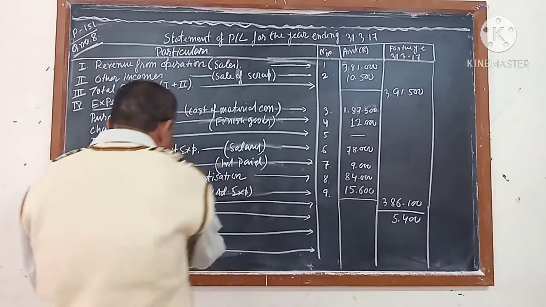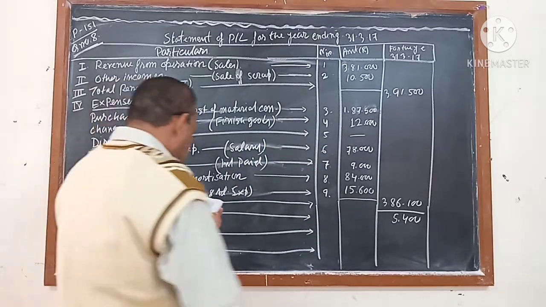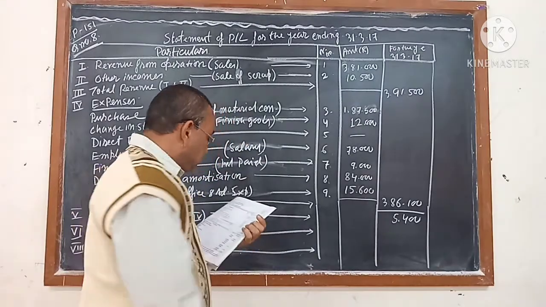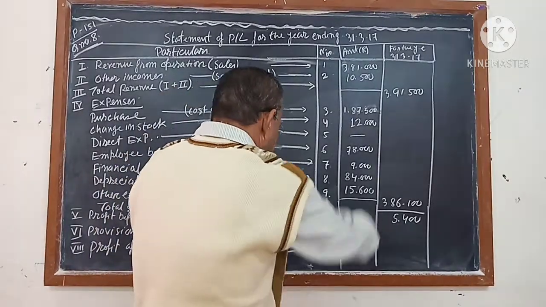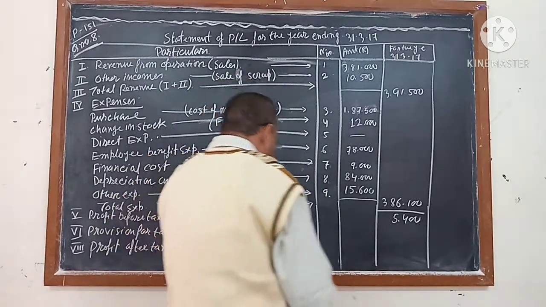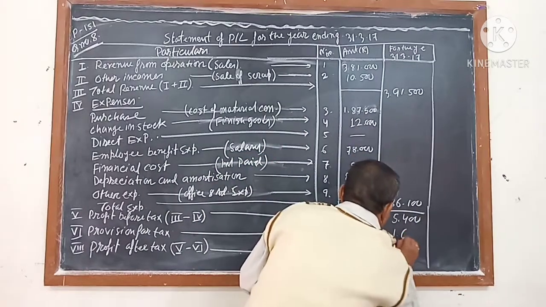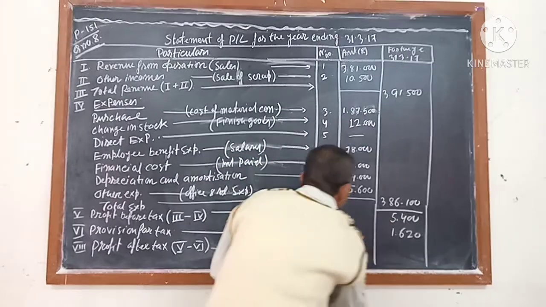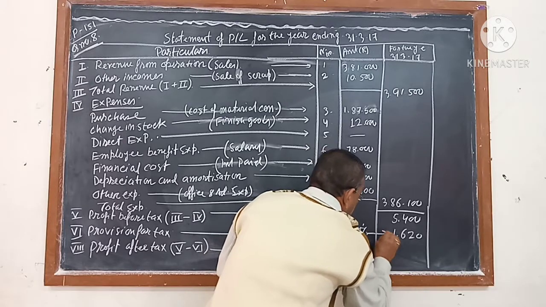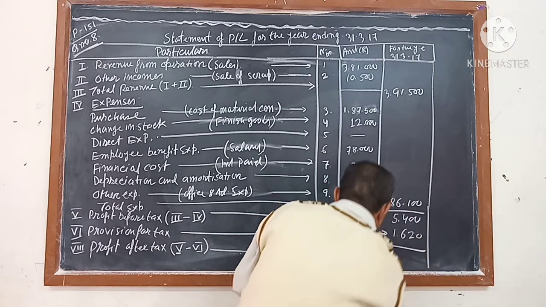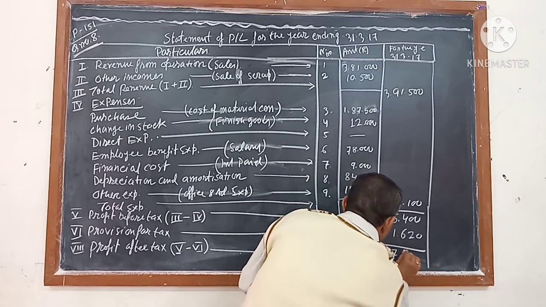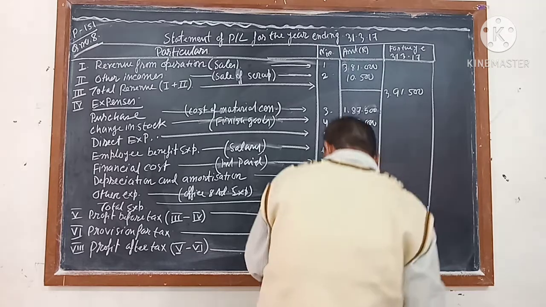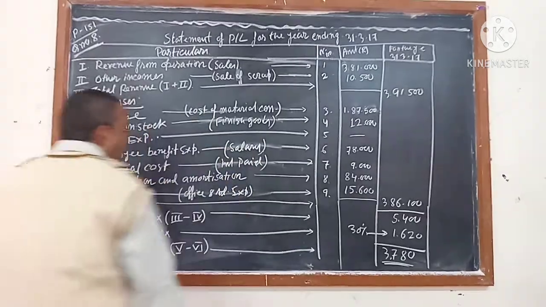What is that? That is called profit before tax. And tax is given how much percentage? 30%. 30% of this comes to 1,620. If you deduct this tax, you will get the profit of 3,780, which is your profit after tax.